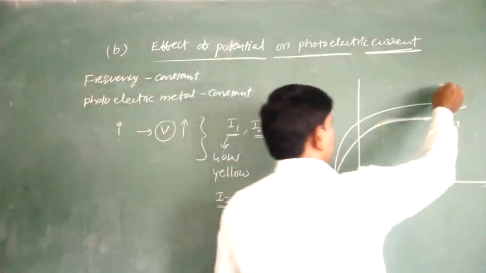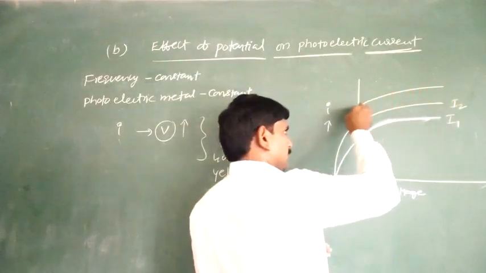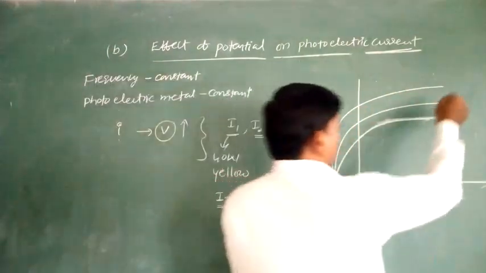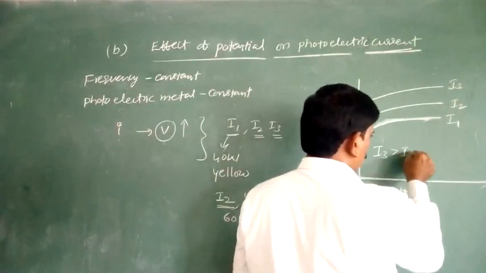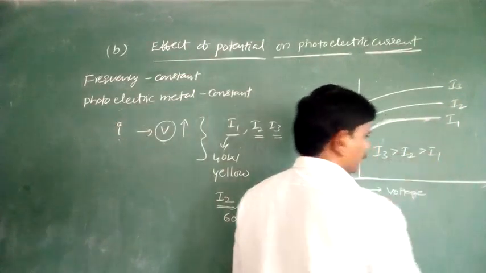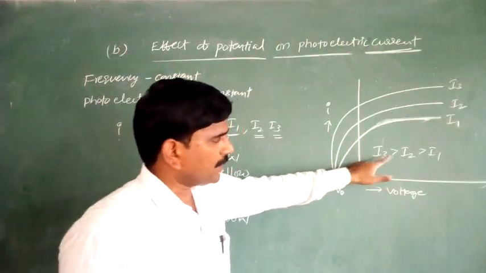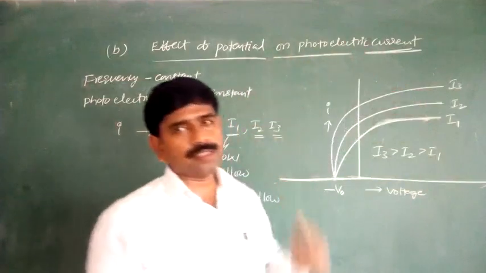Next, the same process for the third intensity, I3. Here I3 is more than I2 and more than I1. From this, observe that when the intensity value increases, the saturation current also increases.